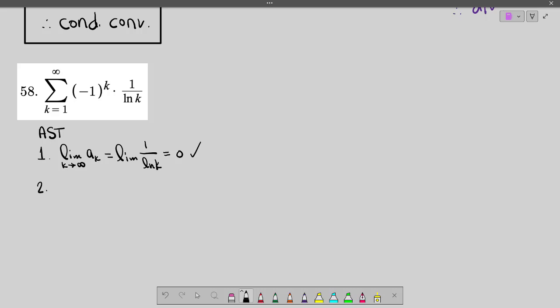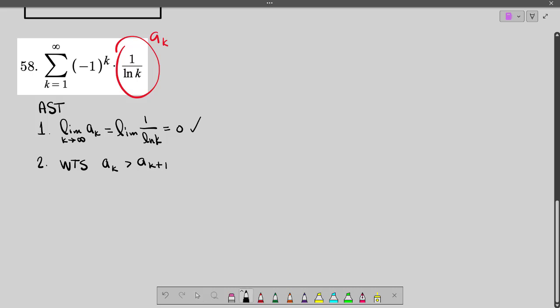Now we want to show that this series of absolute values decreases. So we want to show that as we go further out, the a sub k's are getting smaller. Again, the a sub k's don't include the minuses here. So this is a sub k, no minus. And it's pretty quick here. So a sub k is 1 over natural log of k, and a sub k plus 1 is 1 over natural log of quantity k plus 1.